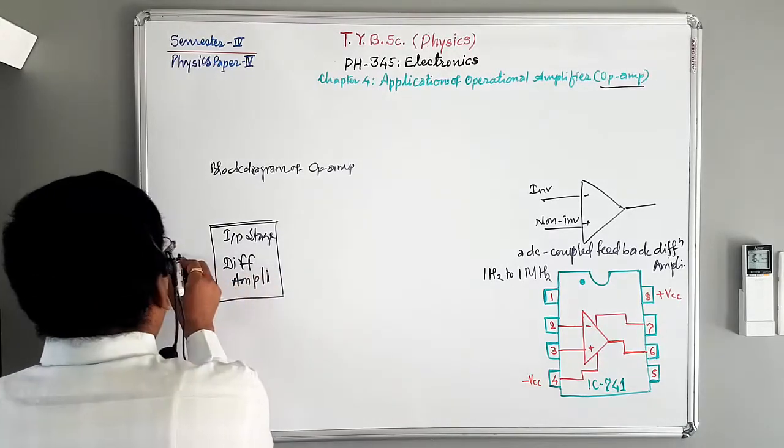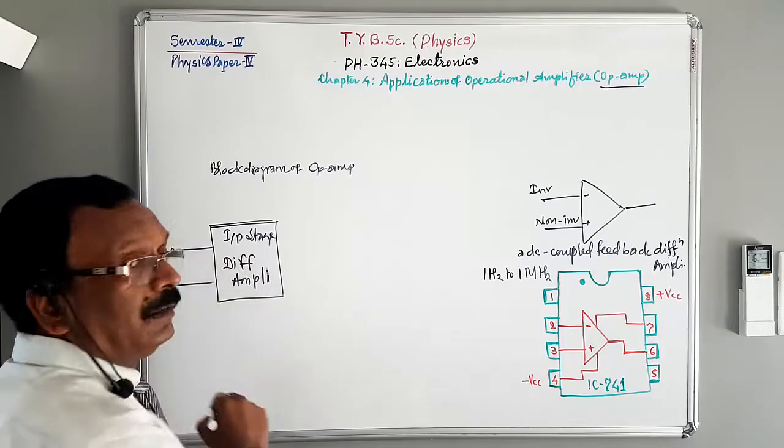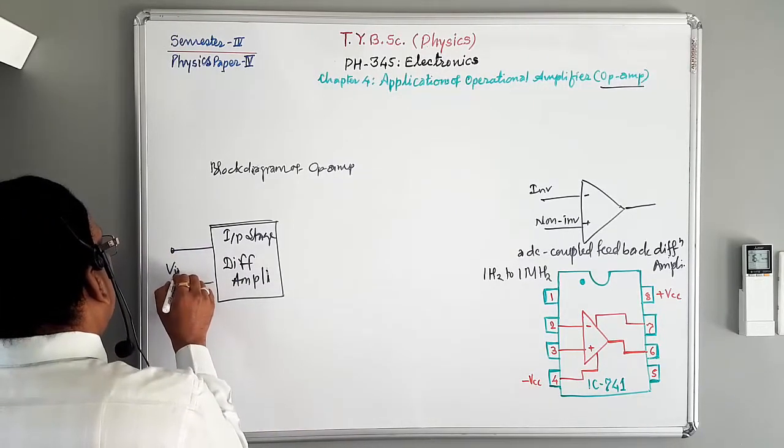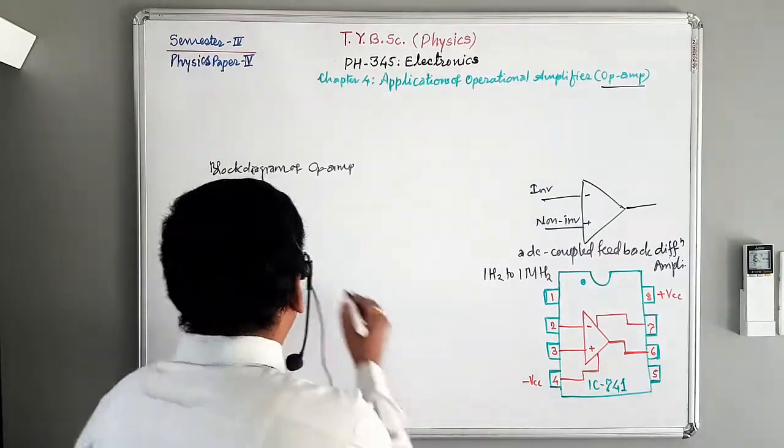It has two inputs, input 1 and input 2, and between these two the input voltage is supplied.